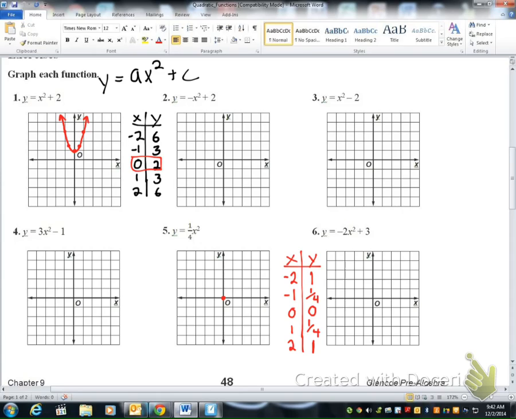So if I did that, then going left 1 and up 1/4. Now this is labeling these by 1s and these by 4ths. And now you don't have to do that. If that confuses you, you can just do negative 1, 1/4, and just do a fourth of the way up. And positive 1, 1/4. And negative 2, 1. And positive 2, 1.